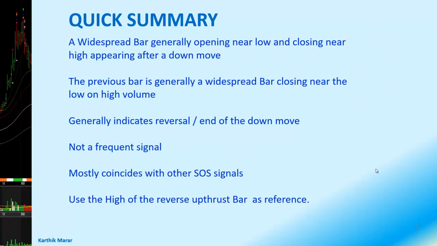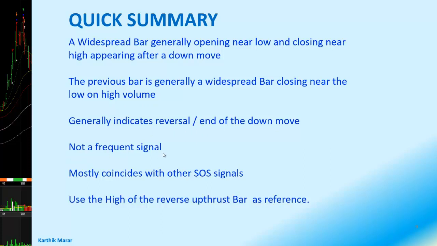Let us quickly summarize what we learned in this video about the reverse Upthrust bar. A reverse Upthrust bar is a wide spread bar generally opening near the low and closing near the high, and it appears after a down move. The previous bar is generally a widespread bar closing near the low on high volume. It generally indicates a reversal or the end of a down move.